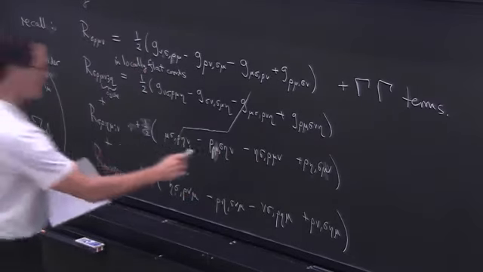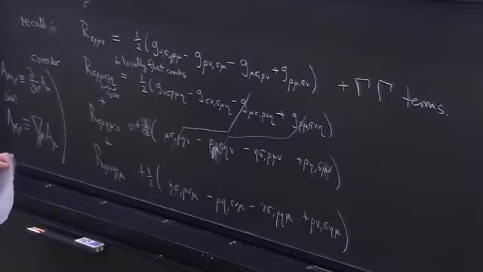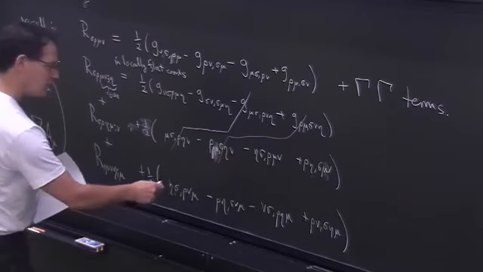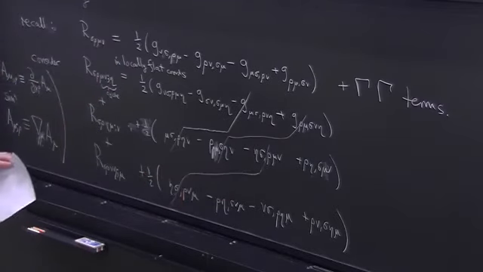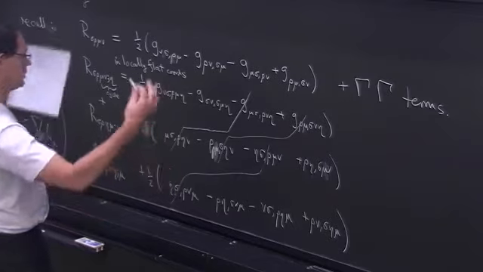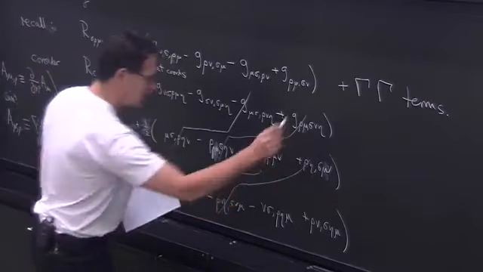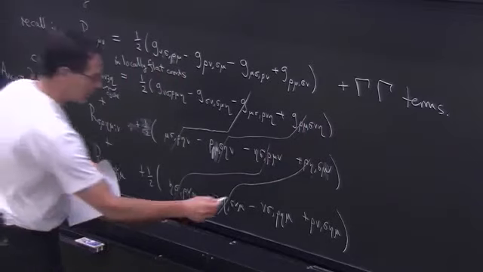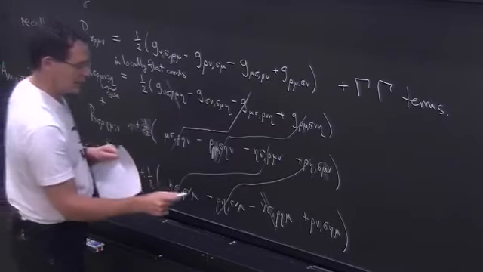Rho mu, so this guy cancels with this guy. Eta sigma cancels with this one. Rho eta cancels with this one. Mu sigma, this guy cancels with this one.